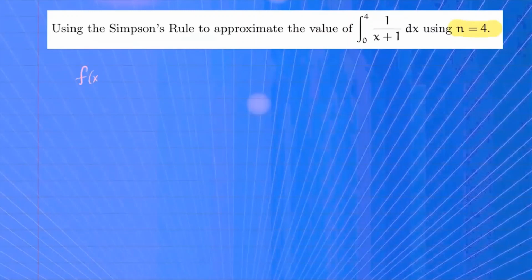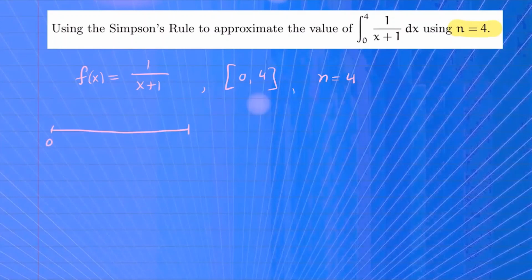So we know our f of x is 1 over x plus 1. Usually I like to draw the interval, so we're looking from 0 to 4, subdividing into 4 subintervals, so 1, 2, 3, 4.